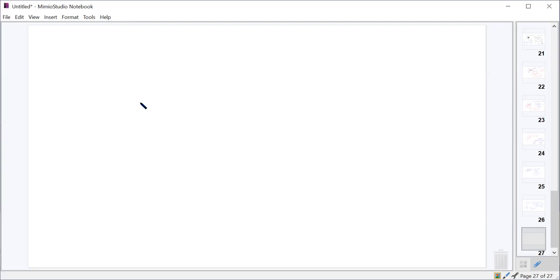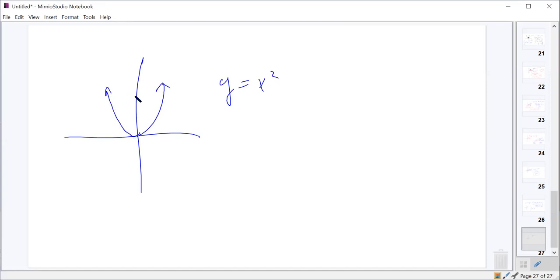Let's say we had y equals x squared, and we'll say that we are having cross sections just perpendicular to the y-axis. We'll just make our lives easier.